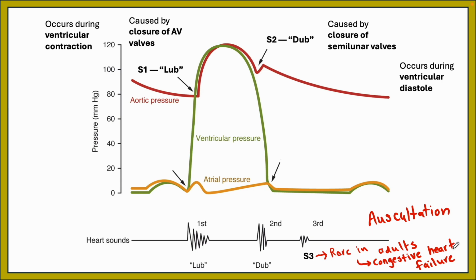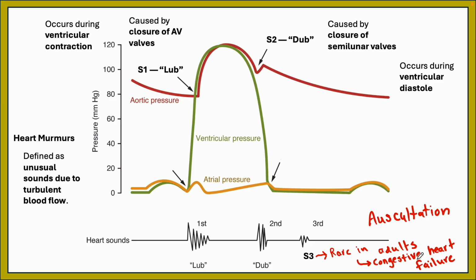So this is something that's known as the Kentucky Gallop rhythm. So you can think of where you have those three things happening in sequence. That is going to generally indicate an issue in older adults.